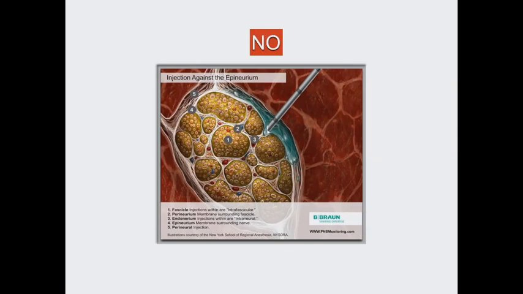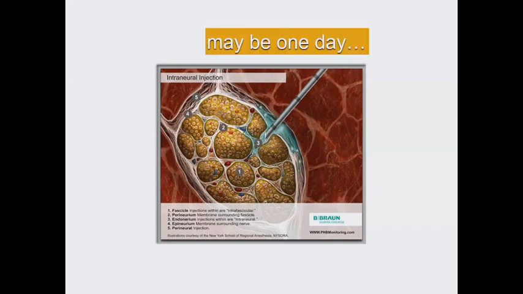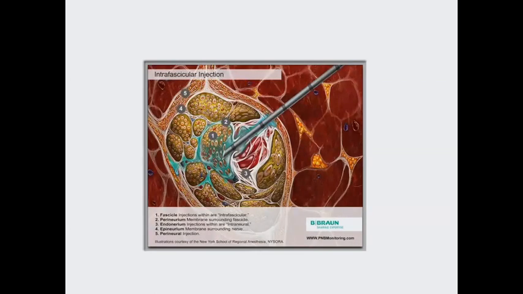Too deep, against the epineurium, it will cause damage to the nerve. So it's too deep. Intraneural injection maybe one day will be acceptable. For right now, it's not acceptable. Intrafascicular injection will do permanent, terrible damage to the nerve. It's the worst possibility.